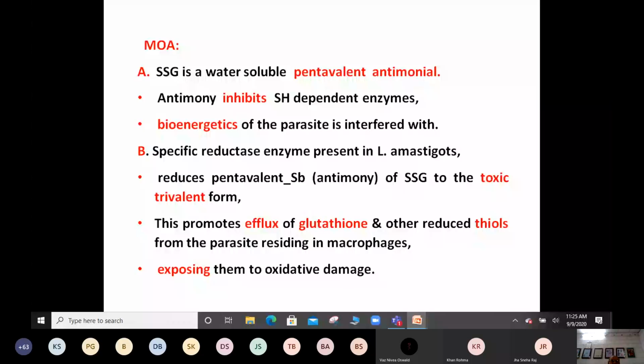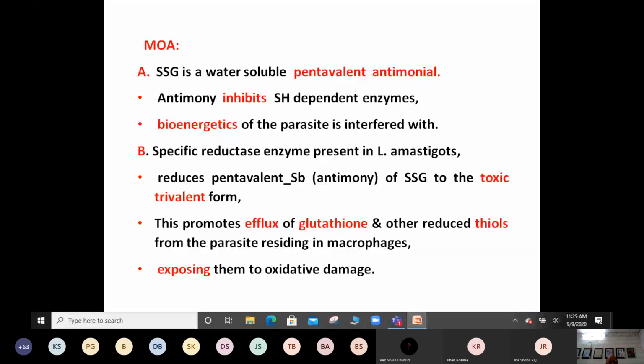What will happen once these enzymes are inhibited? The bioenergetics of the parasite are interfered with. The biological phenomenon to generate the energy is interfered with. That is one mode of action.